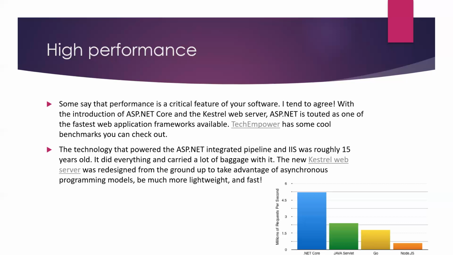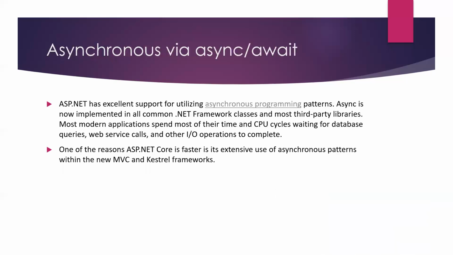If you look at this, it is something like millions of requests per second. So you can say that .NET Core handles requests better compared to other technologies. That is one of the developing technologies we can say. So that's a good sign if you have started learning .NET Core.